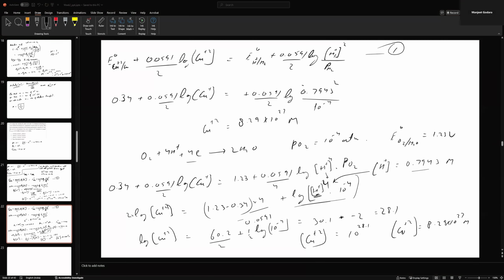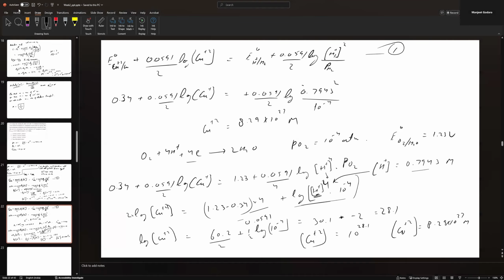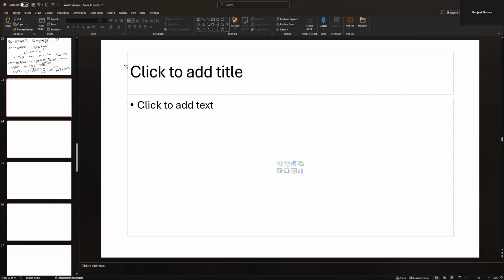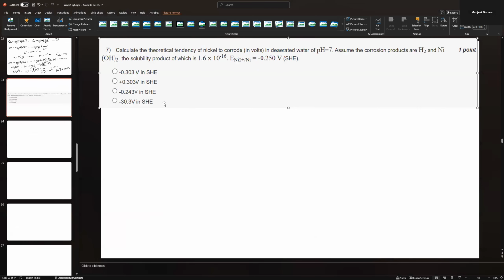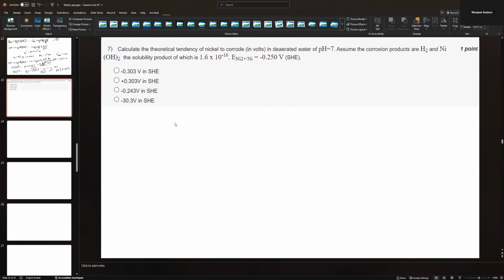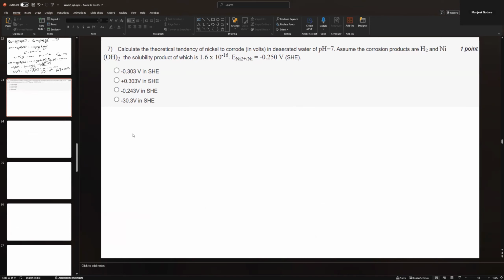And let's go to the last question. Calculate the theoretical tendency of nickel to corrode in volt in deaerated water at pH 7.